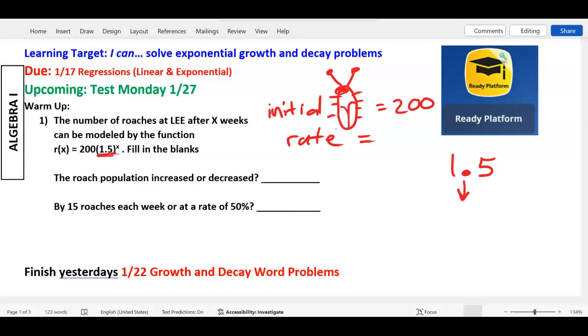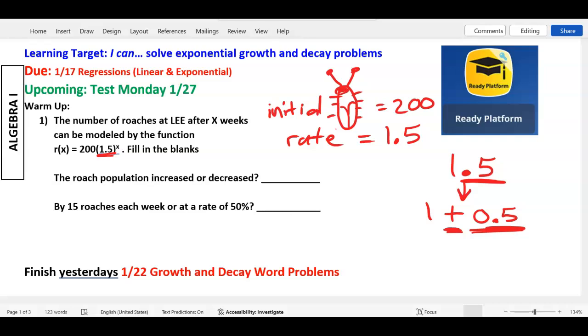So 1.5 is 1 plus how much? 0.5, or 0.50, same thing. So this is going to be my rate of change, right? And since it's plus, it's greater than 1, it's increasing, right? So my rate is 1.5 per X weeks.